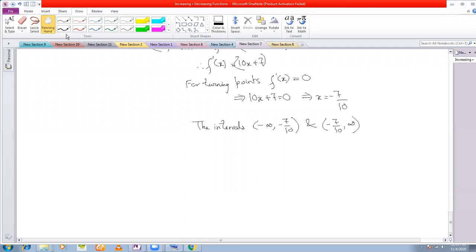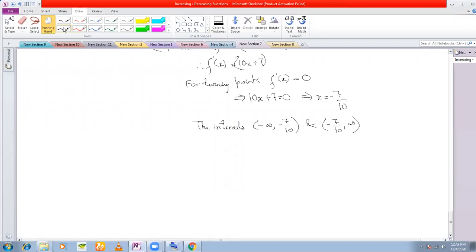So now we'll check whether f dash x, we consider the first interval, minus infinity to minus 7 by 10. What is the value of f dash x? f dash x is 10x plus 7.